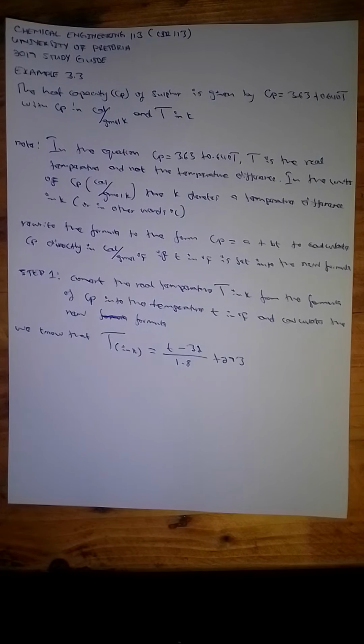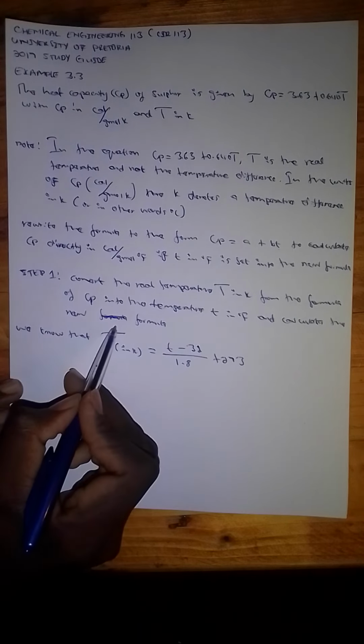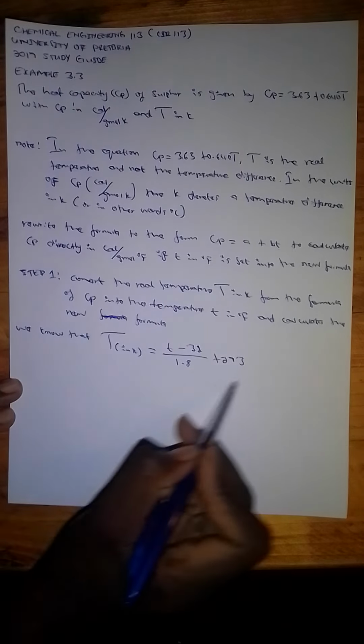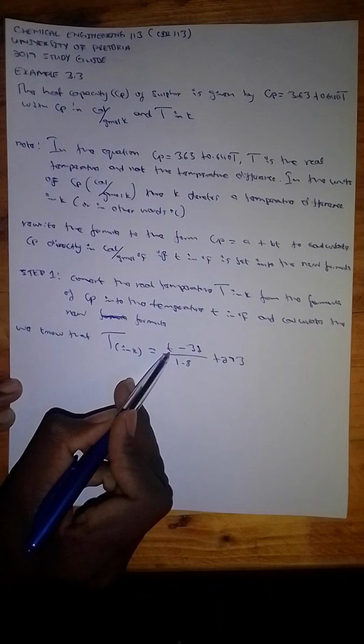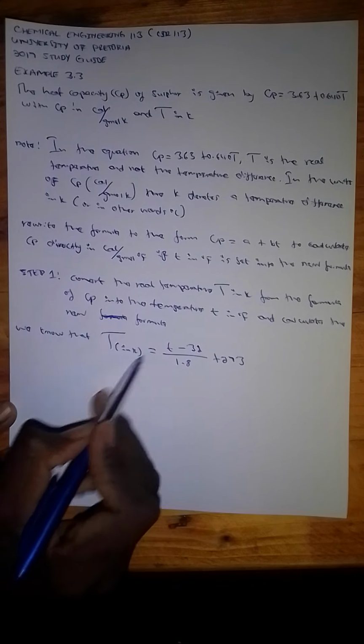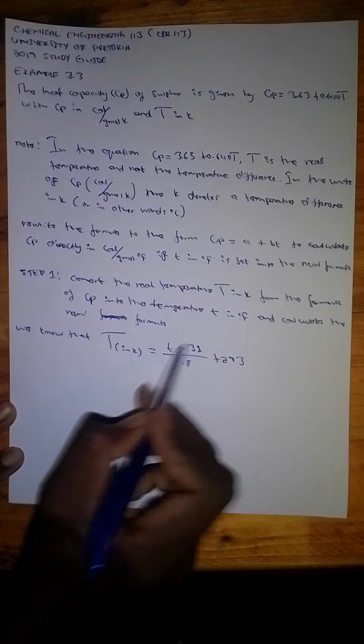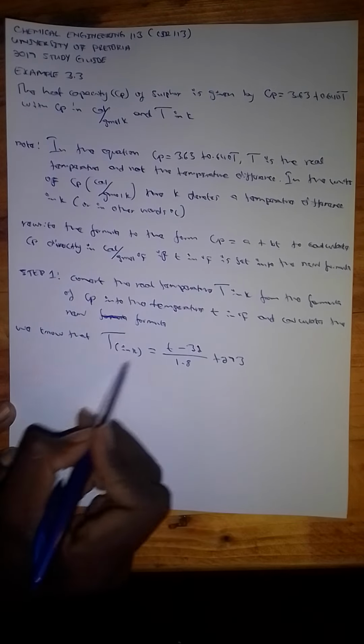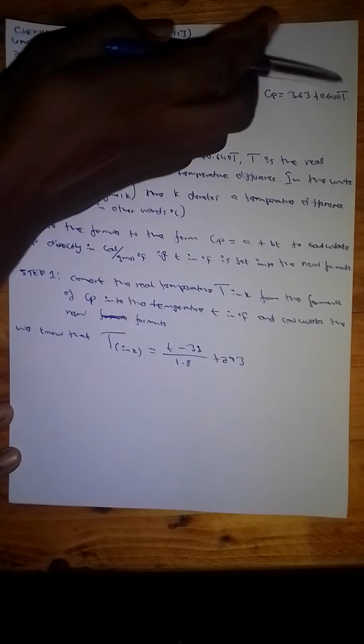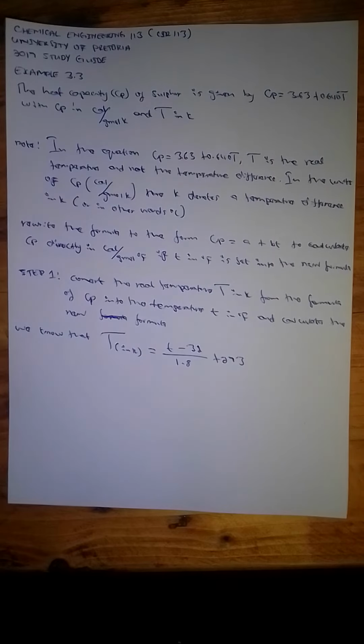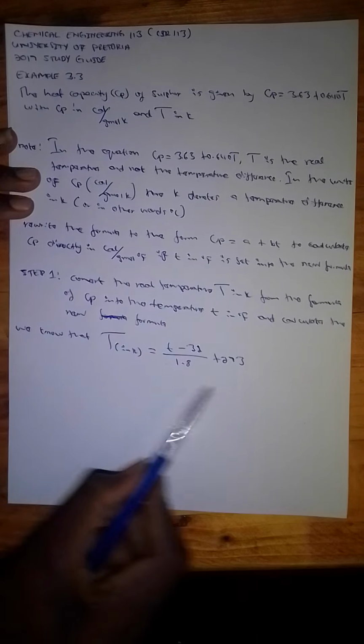So here we have the temperature in Kelvin, but here we have the temperature in degrees Fahrenheit. Which means now that we have this relationship, we can replace this T with this. We can go to this equation here and replace the T here with this.